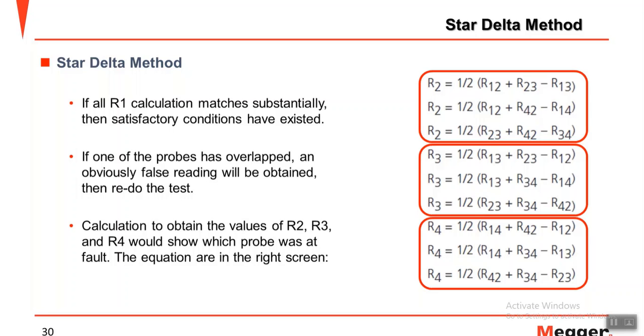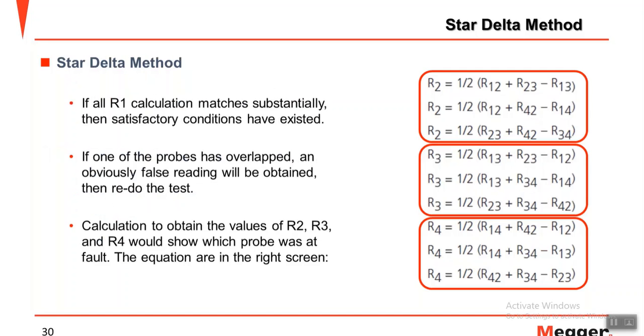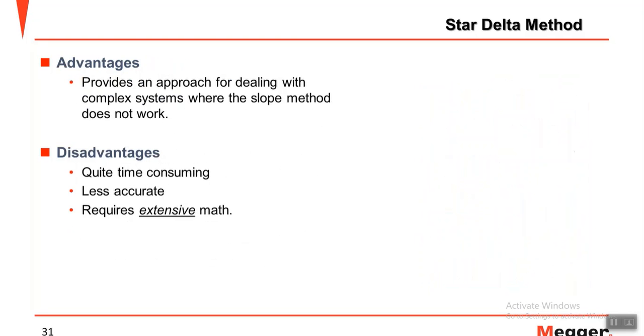So that is the star delta method. It's very useful in urban locations where it's difficult to find a large area to put the long current cable and current probe. I think you can use this method as an alternative.